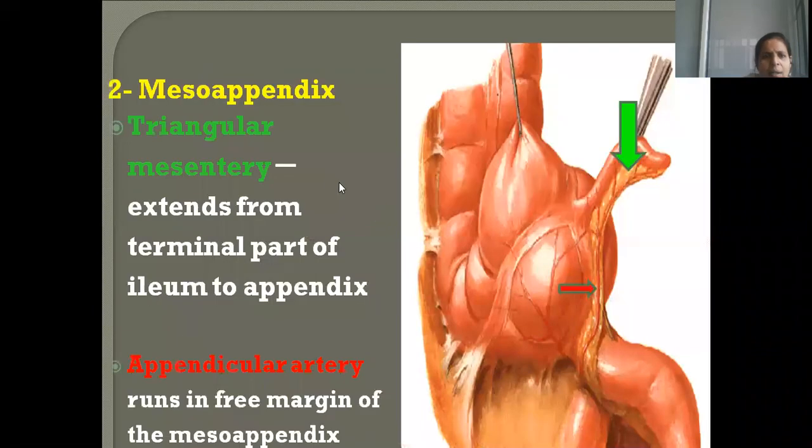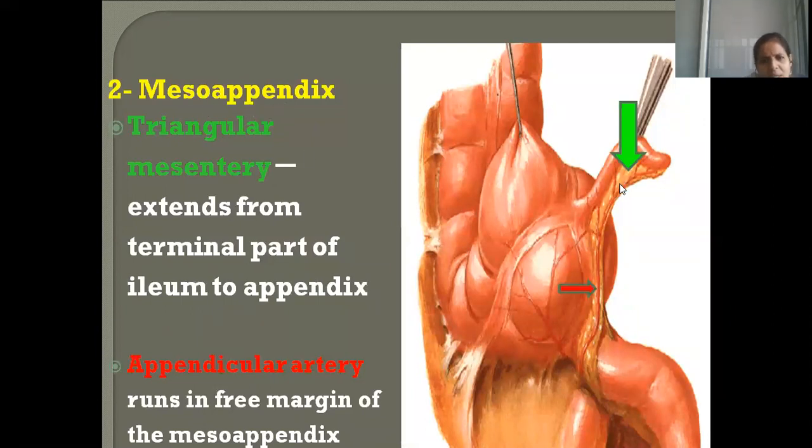Always, I told you, we have to add the word meso in order to represent a fold of peritoneum. If it is the fold of peritoneum which is suspending the appendix, then what word do we use? Mesoappendix. Is that clear? The fold of peritoneum which is suspending the appendix is called mesoappendix.